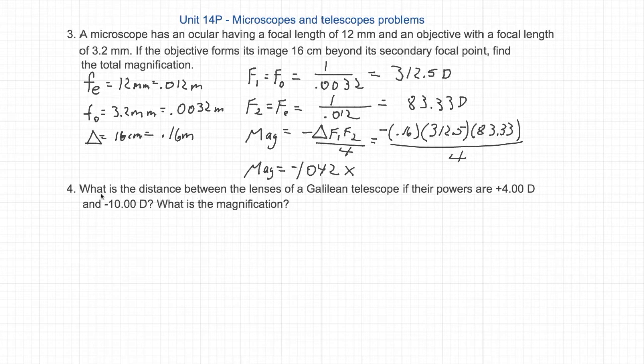Question 4: what is the distance between the lenses of a Galilean telescope if their powers are plus 4 and minus 10 diopters? What is the magnification? So remember, a Galilean telescope has a convex objective lens and a concave ocular.